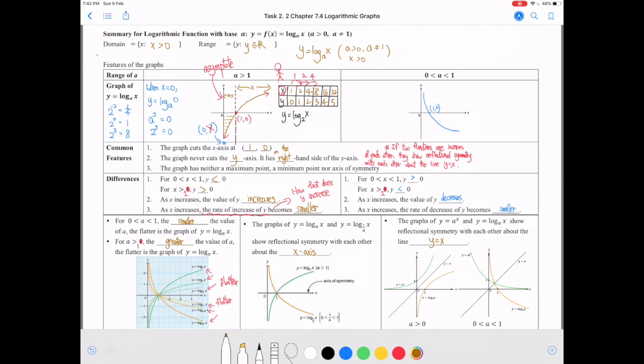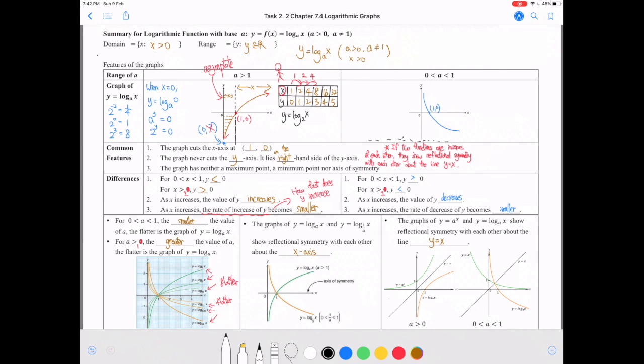However, when two functions show reflectional symmetry about the line y equals x, these two functions are very special. We have learned it in the function notes. Just remember, I've written it here.